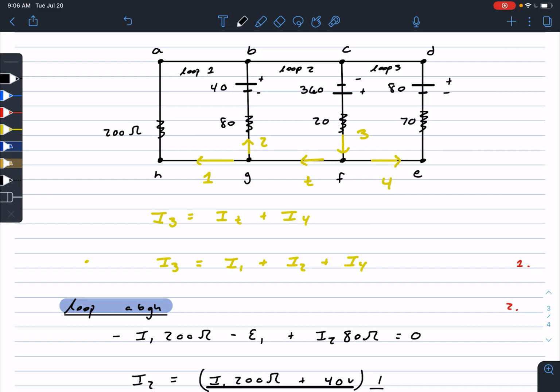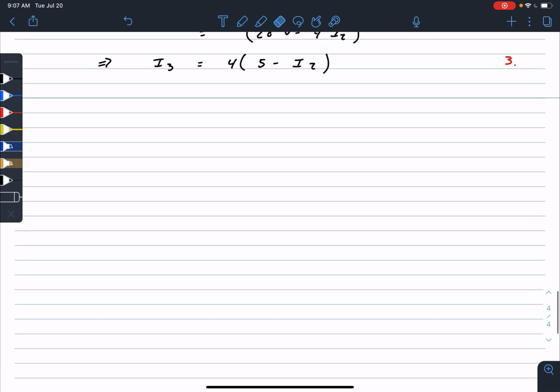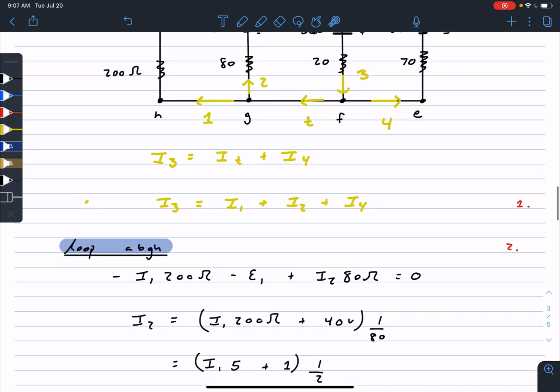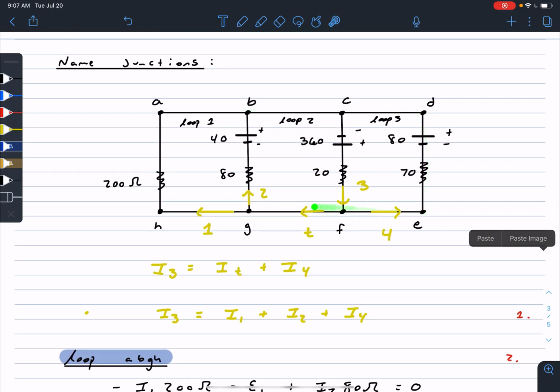So that means we have negative, positive, negative. All right, writing this down for loop ADEH.